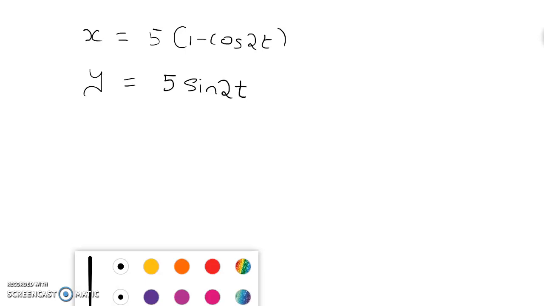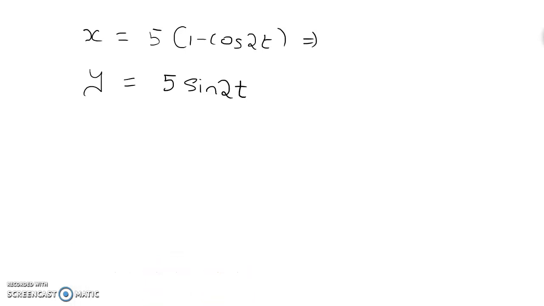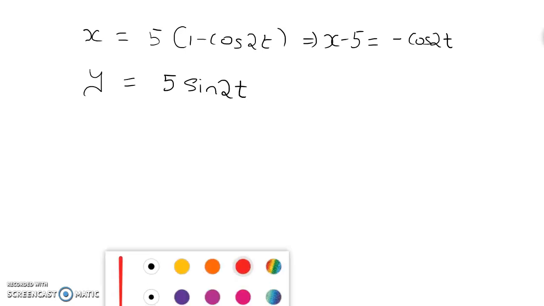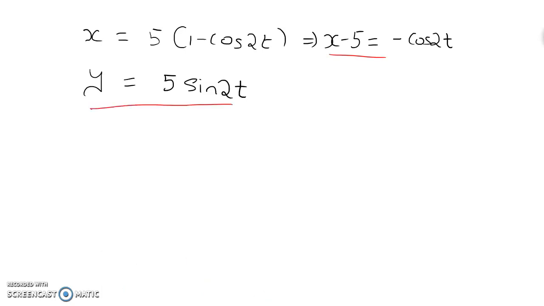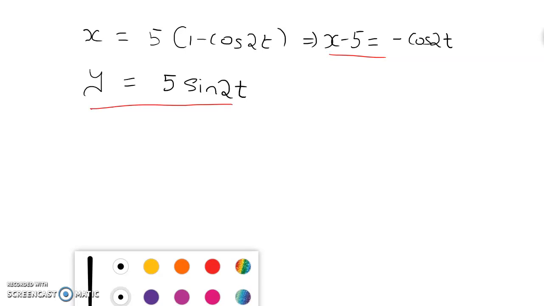So tell me one thing, do you understand? I can write from here x minus 5 is equal to negative cos 2t. So I would make a square of this equation and this equation, which would make it easier.